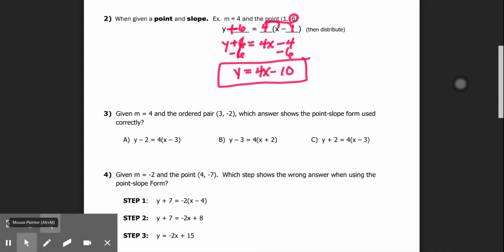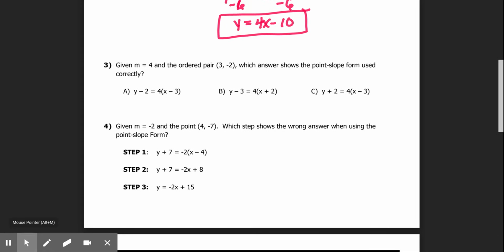All right, let's go ahead and take a look to see what number 3 is asking us. It says, given m is 4 and the ordered pair (3, -2), which answer shows the point-slope form used correctly? So questions like this you might see on a standardized test, like from the STAAR test. So what we need to do here is make sure that that y value will be listed first.